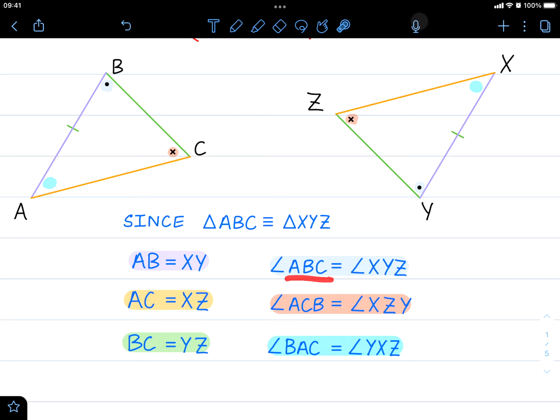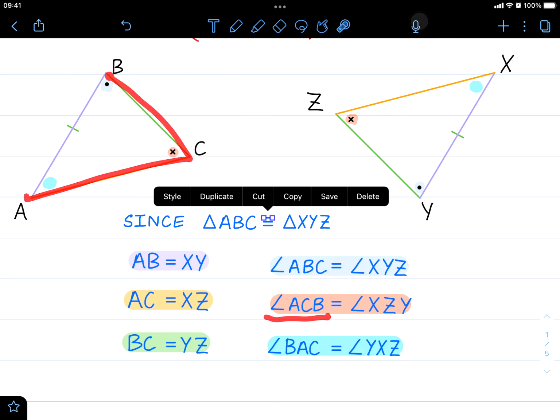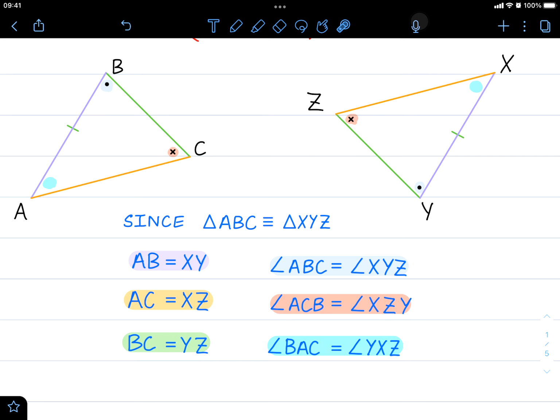So angle ABC, this angle here, is equal to angle XYZ. Angle ACB is equal to angle XZY.